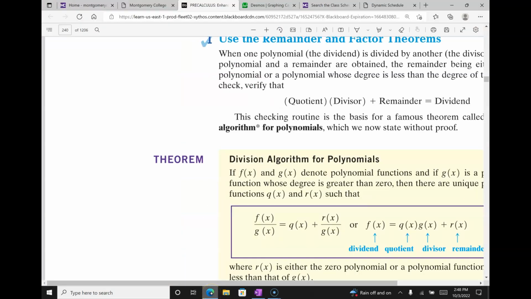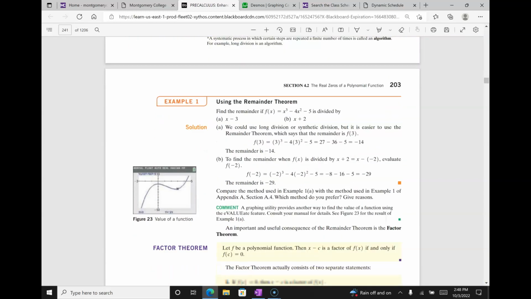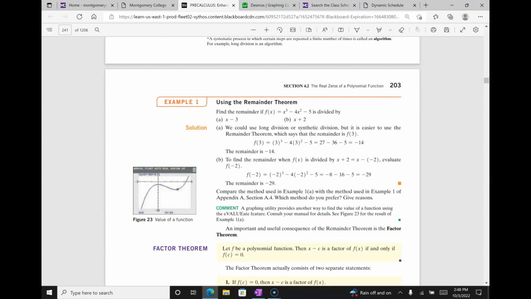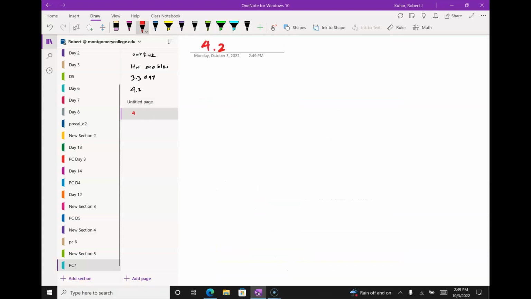Here we go. This is section 4.2. And I want to take a look at just this first particular example. So it's real simple. I think it's example 1.